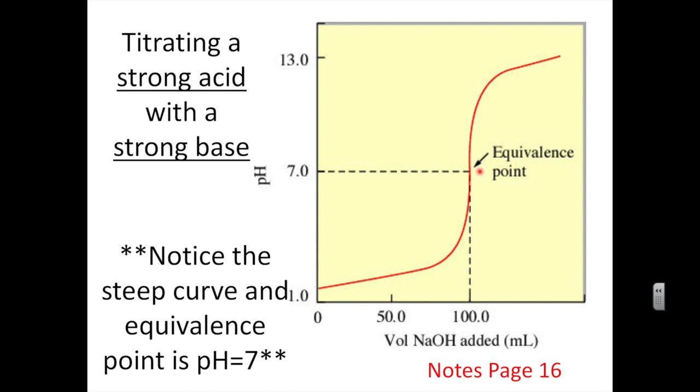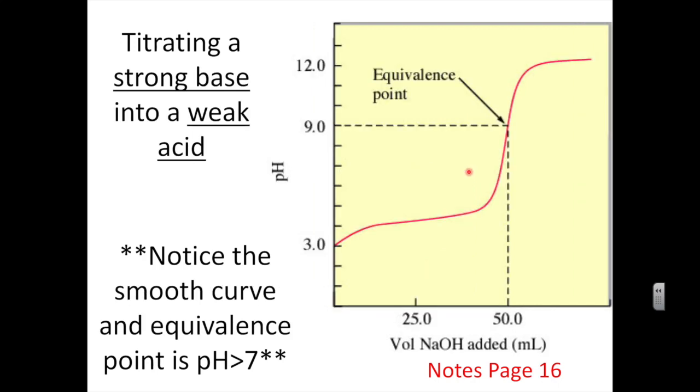The pH will be 7 at the equivalence point. After that, as I keep on adding base, my pH goes above 7 and we start getting more and more data over here. The only data that's really useful is this point right here, and this is where we're trying to get to. To separate these, you need to notice that there's a steep curve and the equivalence point is at the pH of 7.